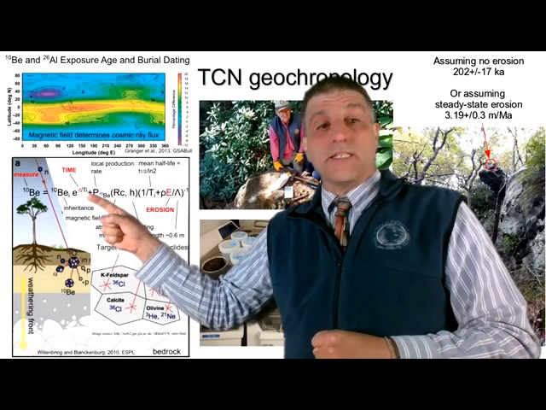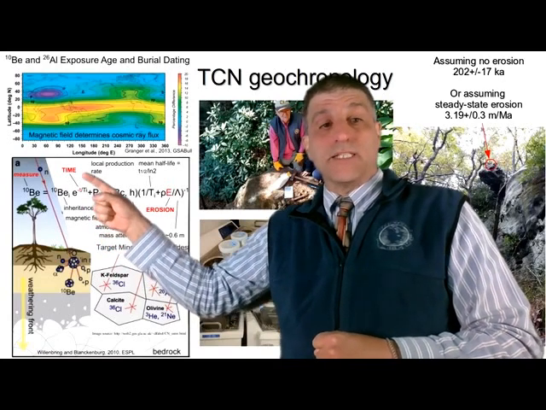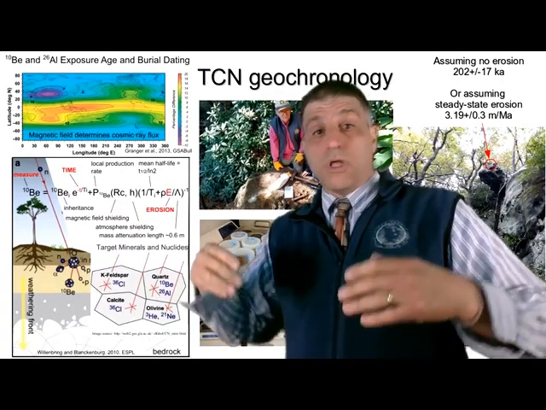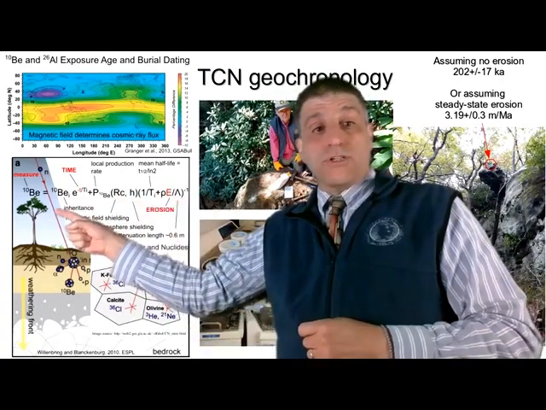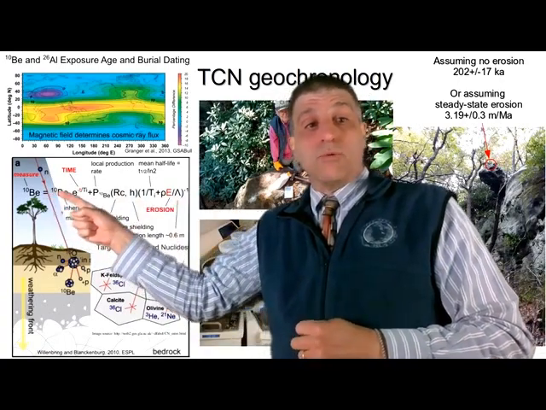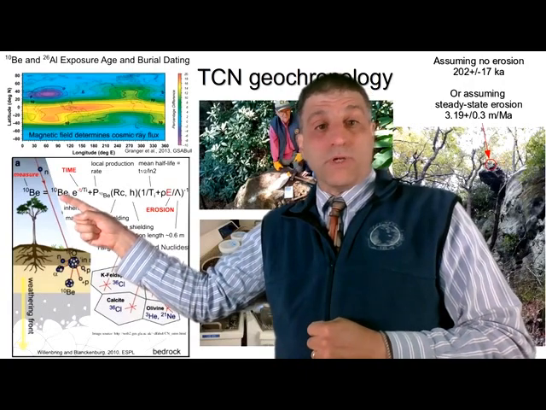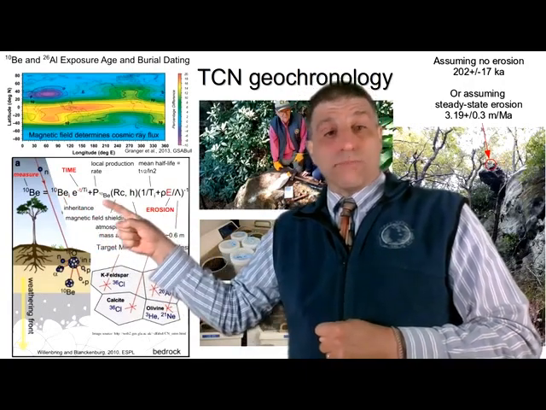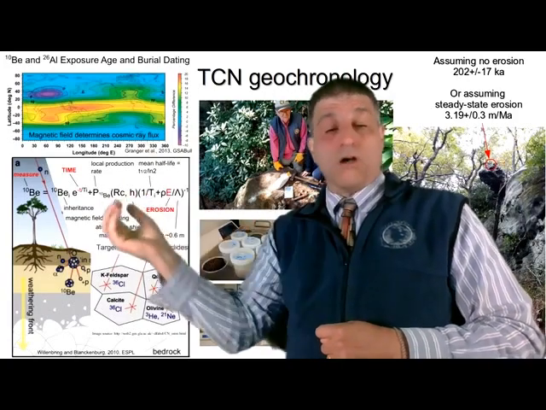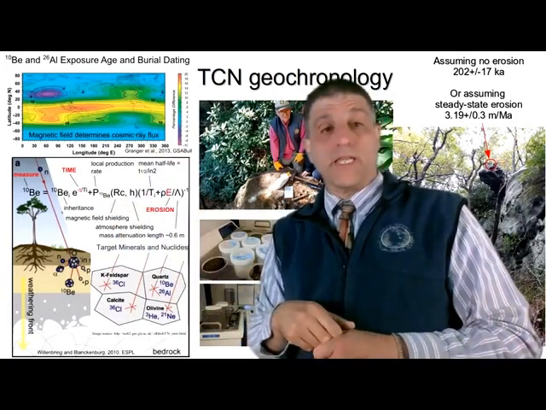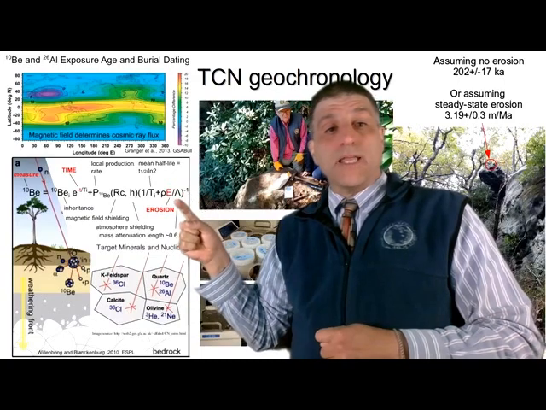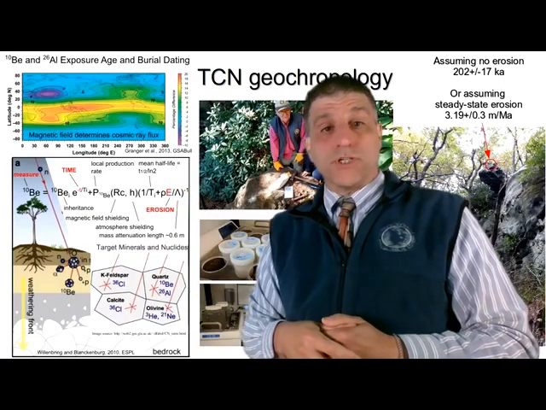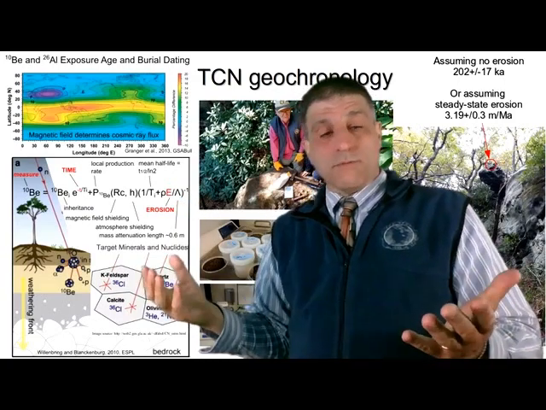And in this case, the decay of the beryllium-10, this is the time term, right? So the amount that you measure is equal to the amount that was there to begin with times the decay, plus what you're producing because of more cosmic rays coming in, times essentially the erosion. So there's a couple of terms here.